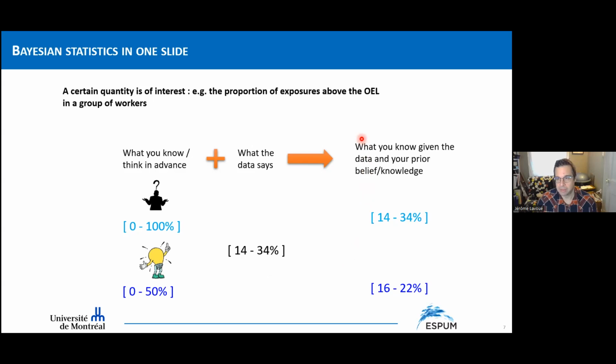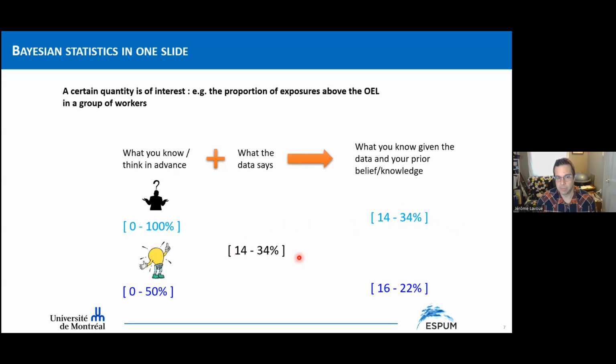And the characteristic of Bayesian statistics is that it's going to combine your prior state of knowledge with what the data has to say. So the information that you defined a priori is merged with the information coming from the data to obtain what we call the posterior knowledge about the situation. And you see that in the case where you said you knew nothing, the results only come from the data.